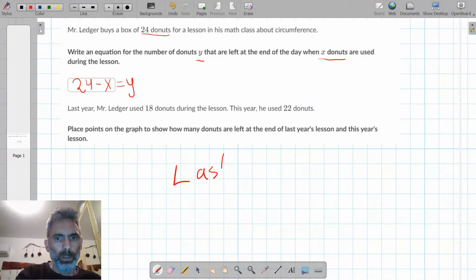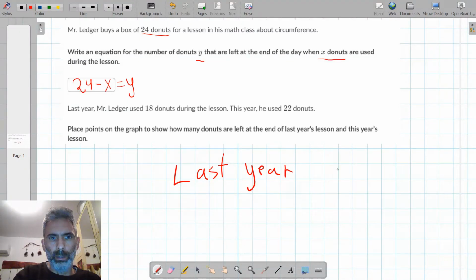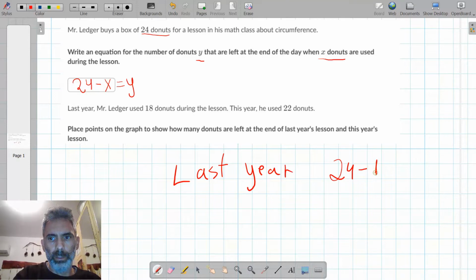Okay, so last year we know that he used 18 donuts, and x is the variable for the donuts that are used during the lesson. So last year, 24 minus 18 equals 6. So we know that last year, x equals 18 and y equals 6.